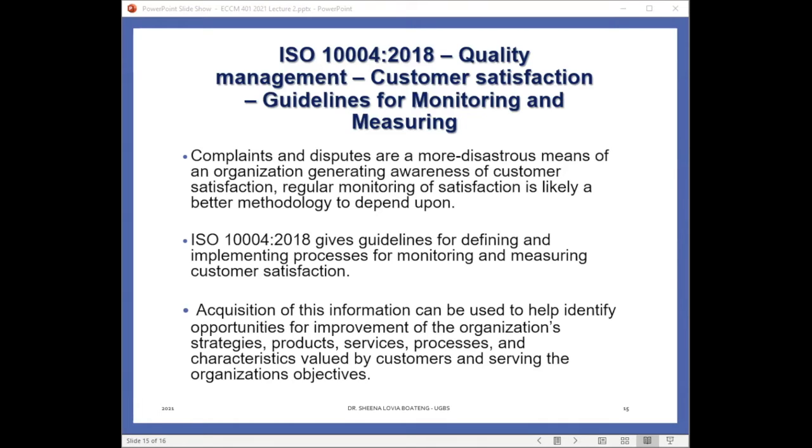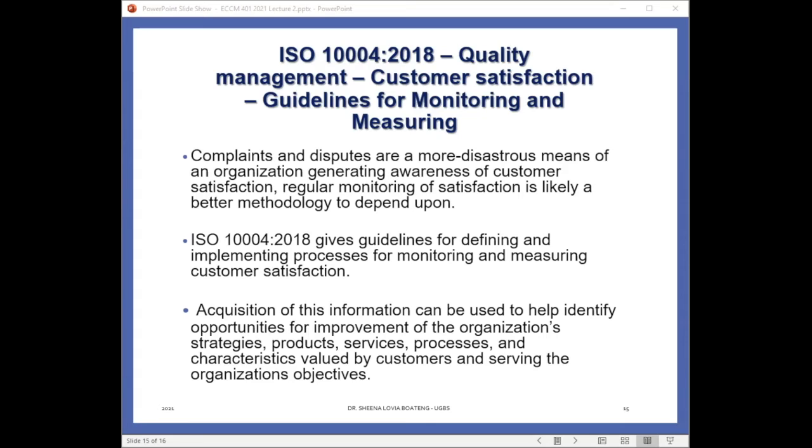So by going by the monitoring and measuring guidelines that have been provided in this standard, firms are able to acquire information that can help them identify opportunities to improve upon their strategies, products, services, and processes in a bid to provide value to customers and ensure that they are satisfied.